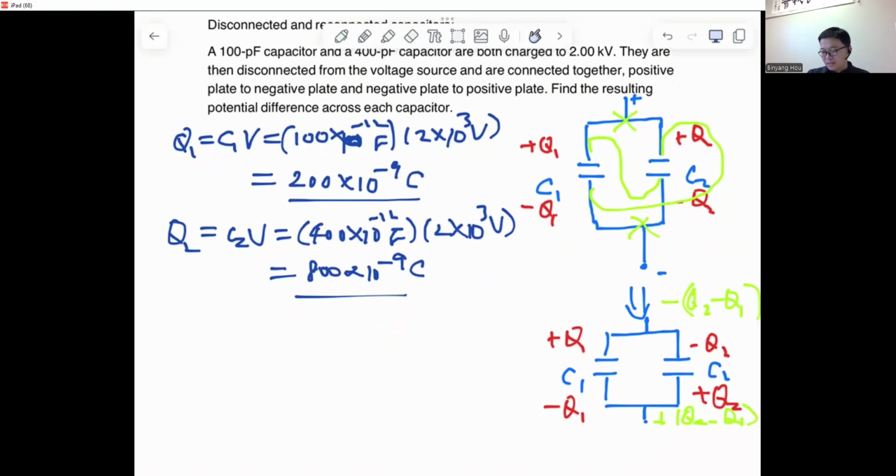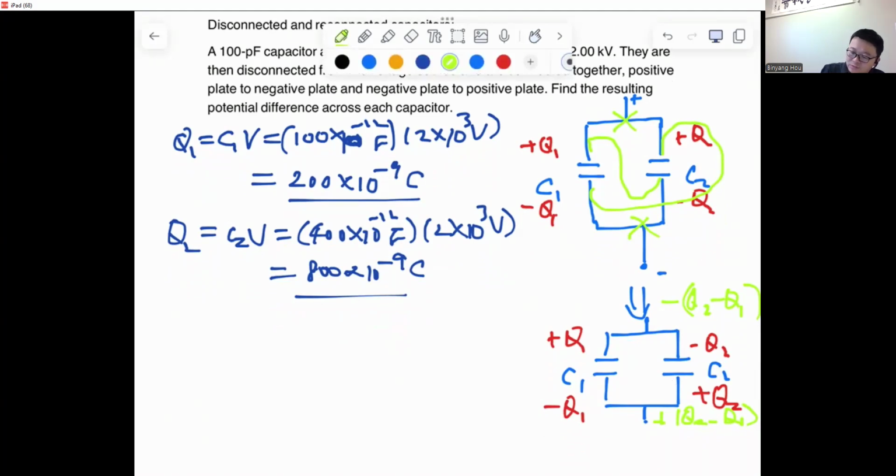So, these two are still parallel to each other, so we can calculate what will be the total charge, because they are combined, right? So the equivalent, we can calculate equivalent, CEQ, of the combined should be the two add up, right?